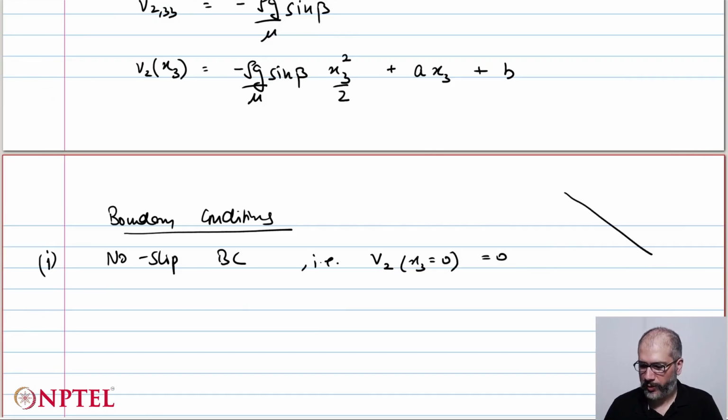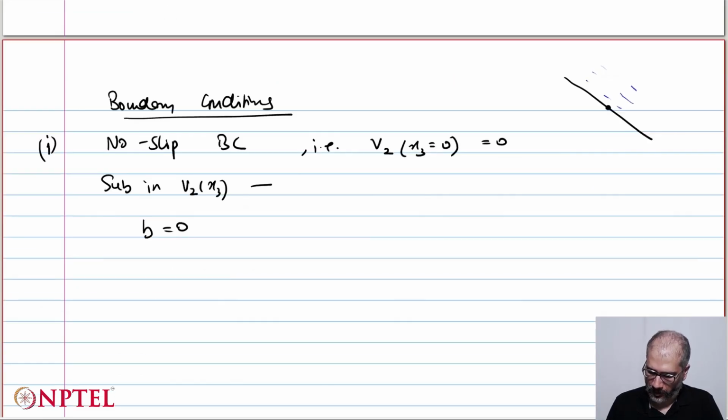So this slope that we had, where we had water above it, at this bottom point, the water molecules which are contacting this solid inclined surface, they stay stationary. That is what this no-slip condition means. So let's substitute that in the expression for v2 as a function of x3. From this, we see that we have b equal to 0. So that helps us get one of the constants.